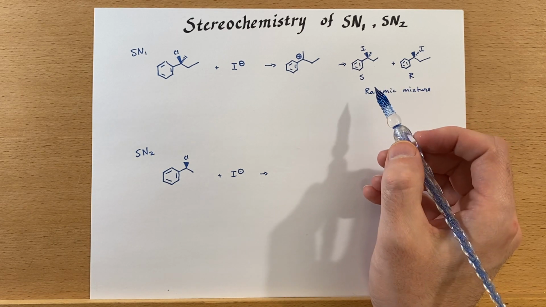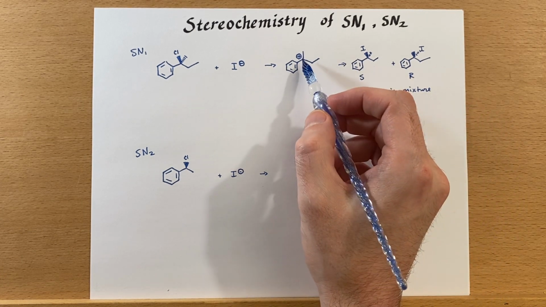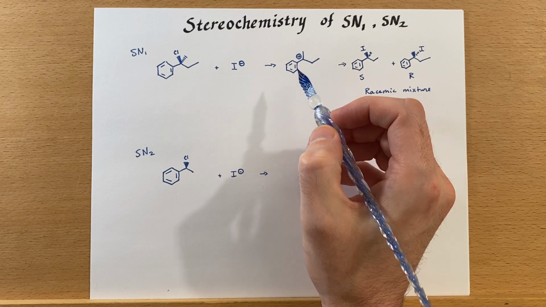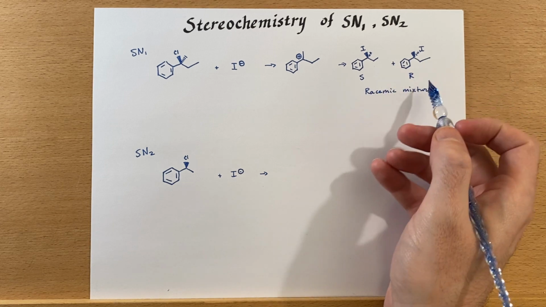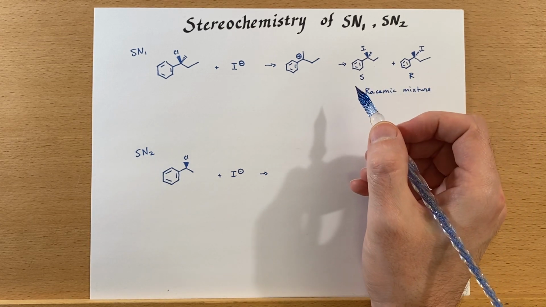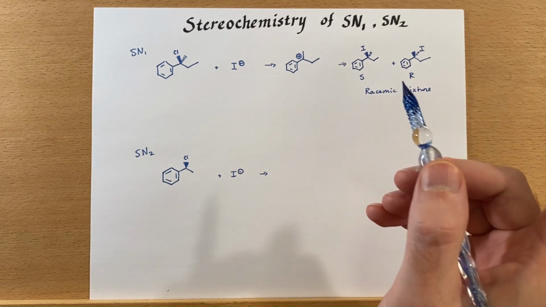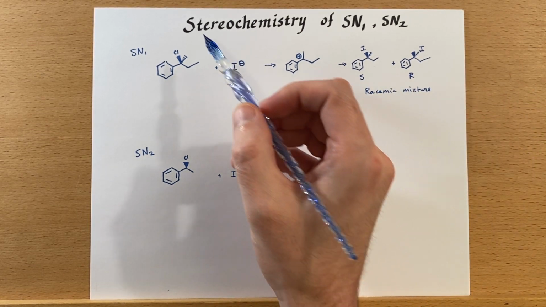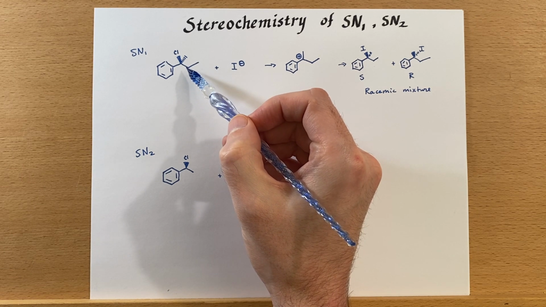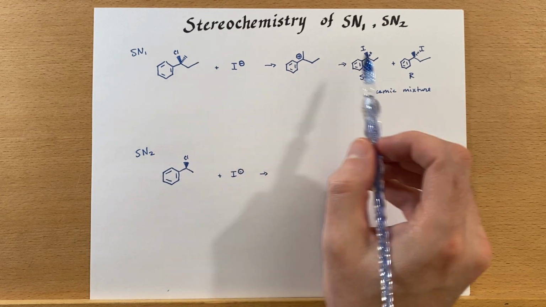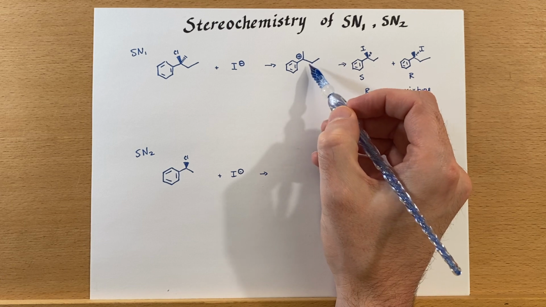Now, there are ways to influence a reaction to, even when it goes through a carbocation, to encourage one or the other enantiomer. And some of the ways that we can do that is if the molecule had a second chiral center, like say we had another chiral center right here on this carbon, then that would have an influence over here with our product because there would be some chirality right here.